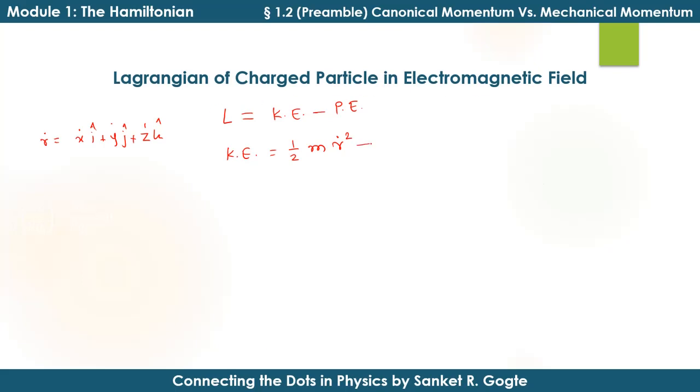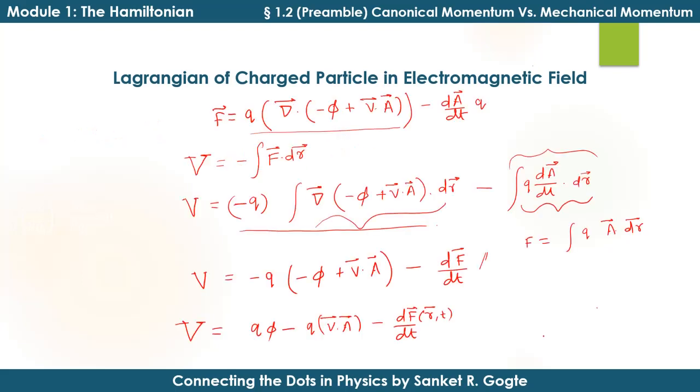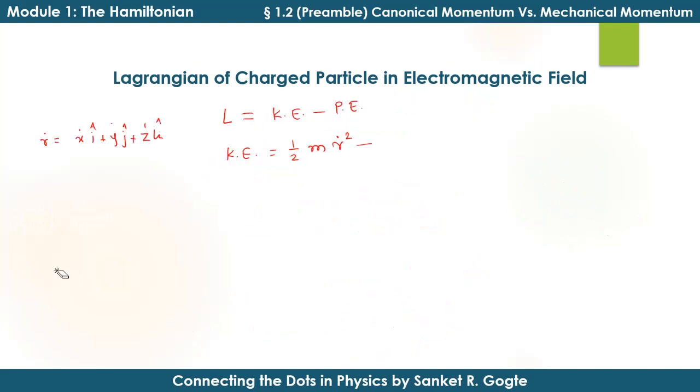Now for potential energy we can use this relation which we have derived here, which is going to be minus of q into phi minus q into A dot v plus some differentiation of a function which is a function of r and t.